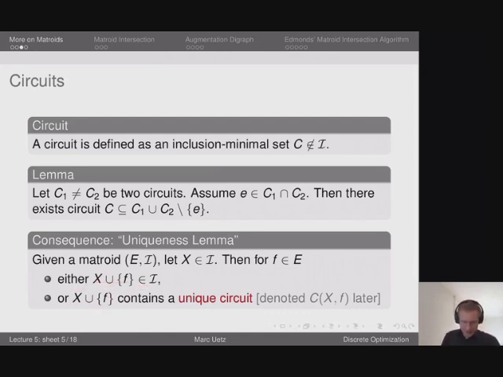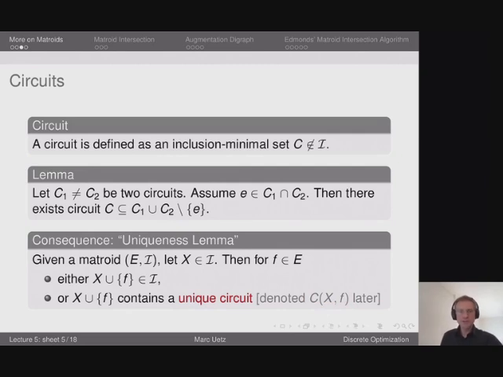And because I just added a singleton element and X was independent before, the important consequence now is that this dependent set will contain a circuit, but actually not just some circuit, it will be a unique circuit. So there is a unique circuit contained in this dependent set X union F, and therefore later on we can give it a name: the circuit induced by independent set X and additional element F.